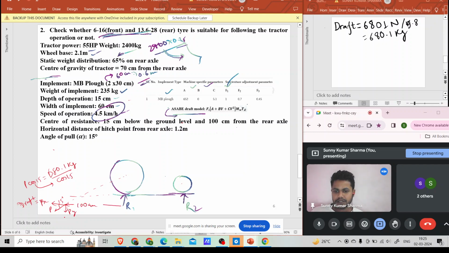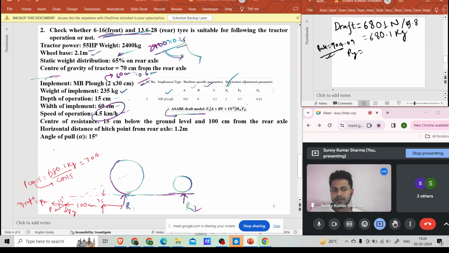And what is Py? The vertical component of the pull.